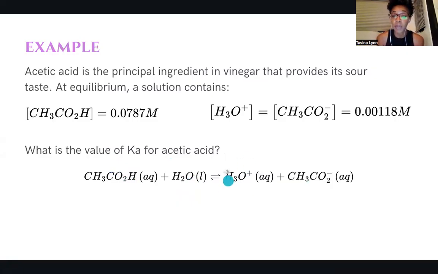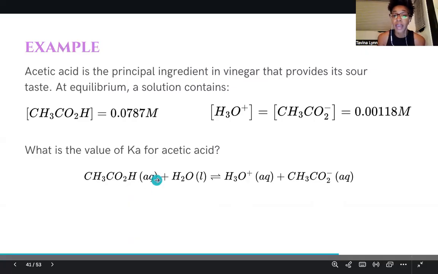And that's how we end up with hydronium ions. As a result, acetic acid will form its conjugate base, which is minus the proton that it donated. Acetate, right? Which is its conjugate base. So here is our equilibrium reaction for dissolving the weak acid, acetic acid, in water.